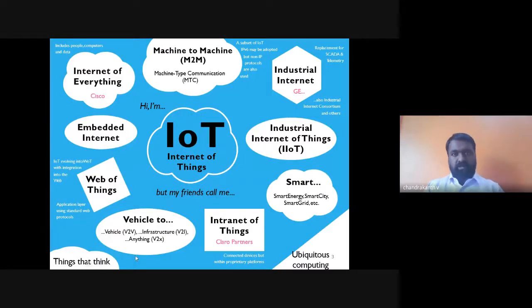So these are some examples you can see in this image: IoT means machine to machine interface, Internet of Everything from Cisco, embedded devices connecting to the internet, web-based applications communicating with the internet and the hardware, vehicles interacting with other vehicles over the internet, smart energy management, and all those things.